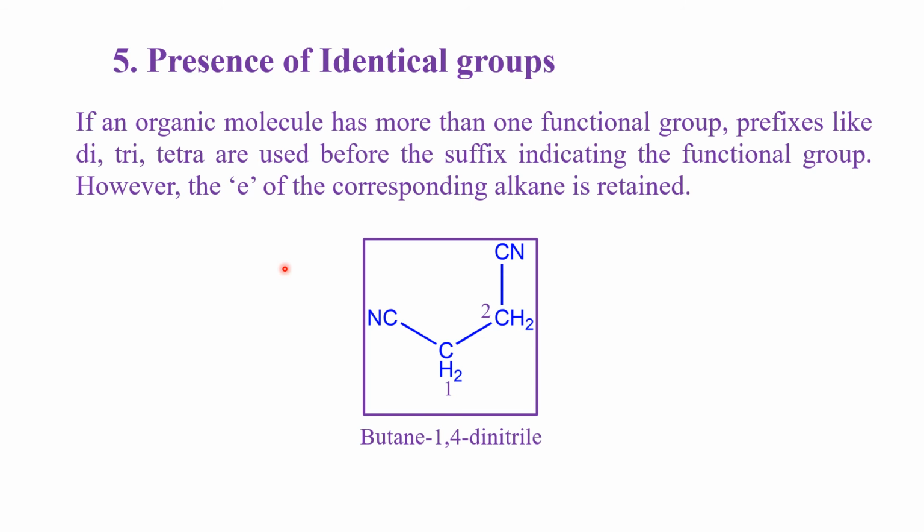Here, there are two functional groups that are nitrile functional groups. So here the positions of the nitrile functional groups are 1 and 4, and as the total number of carbons is 4, it started with butane and 1,4-dinitrile.